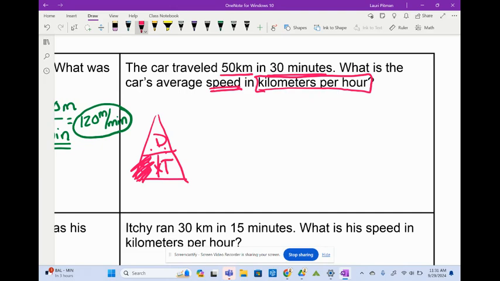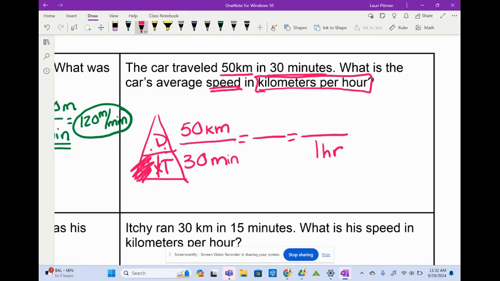They give us our distance over time, which is 50 kilometers over 30 minutes. Now I've got to get over here to 1 hour. So again, I'm going to ask myself, how do I get from 30 minutes to 1 hour?